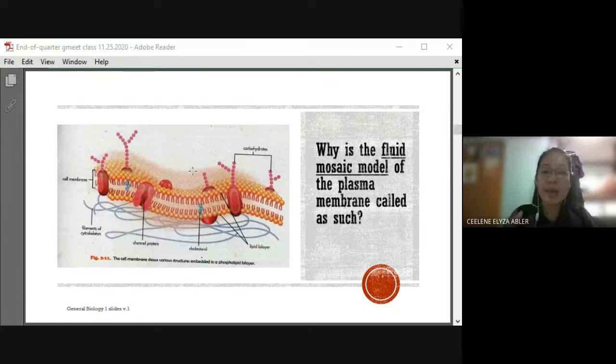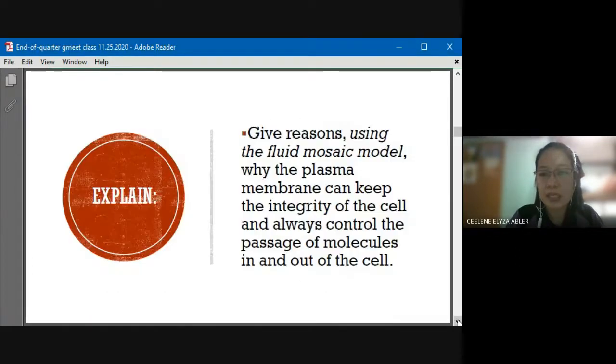So, embedded siya sa entire plasma membrane, parang siyang mat, pero in between those mats and the holes in your mats are something littered na we call membrane proteins. So, that's your fluid mosaic model.